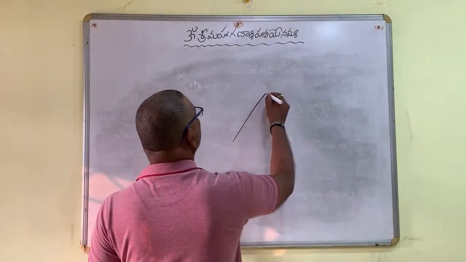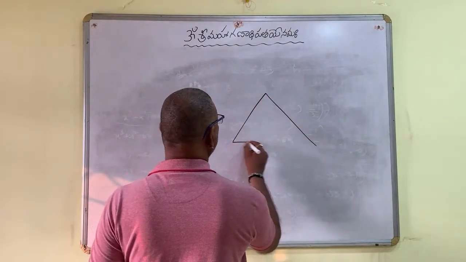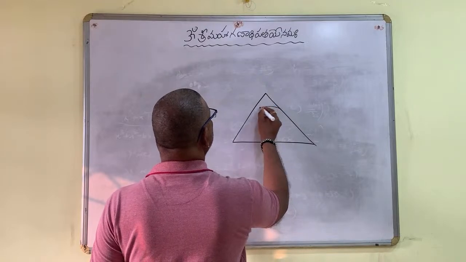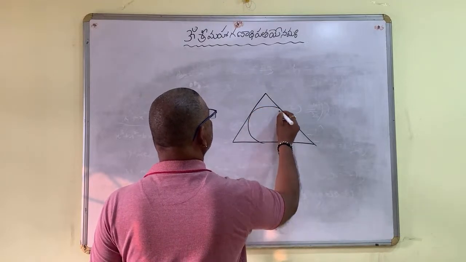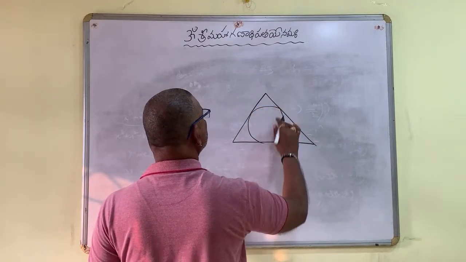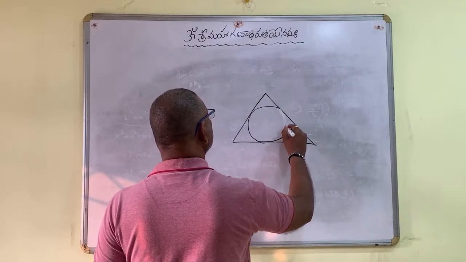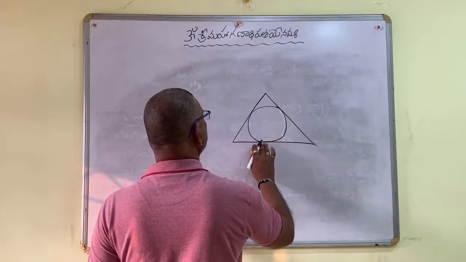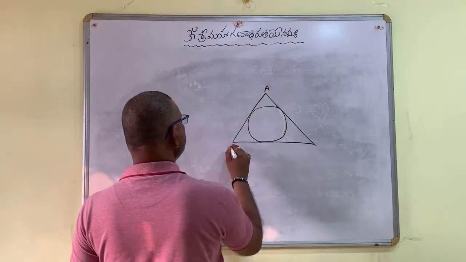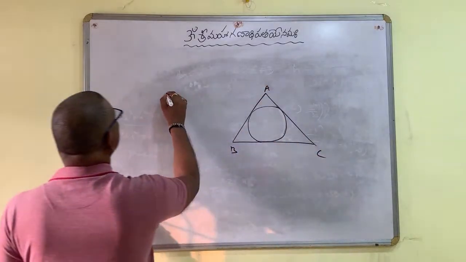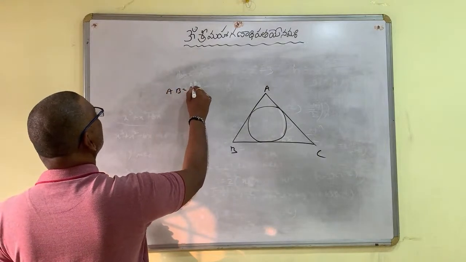There is a triangle and there is a circle inside it. Triangle ABC. AB and AC are equal.